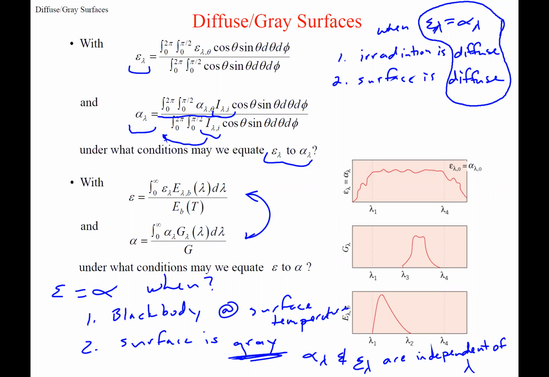So what does that mean? And that's what these figures are going to tell us here on the right. Well, we have a plot that at any given wavelength, the emissivity is equal to the absorptivity. So we have a cross here over all those different wavelengths. They're the same at a given wavelength, right? Those two properties. Well, here this is our irradiation. So that's what's coming into our surface, right? And then we have the emission.